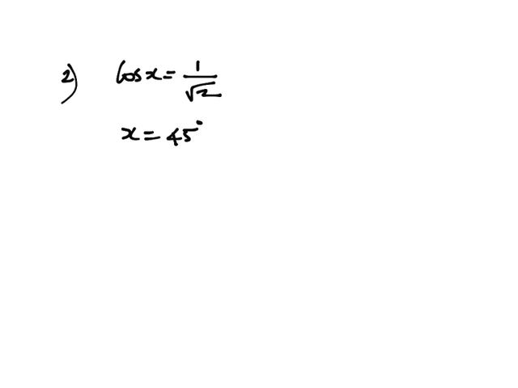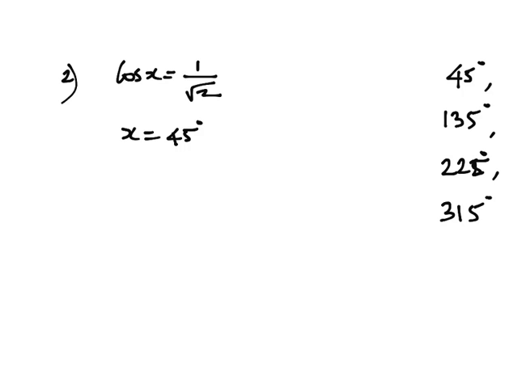Now let us see what angles make a group with 45. One angle is 45. The second angle is 180 minus 45, which is 135. The third angle is 180 plus 45, which is 225. And the fourth one is 360 minus 45, which is 315.